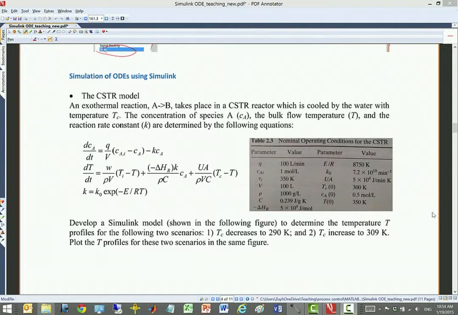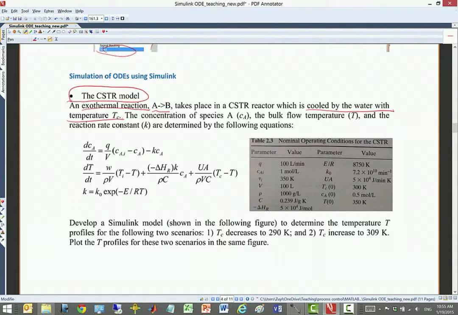Now I give you one example to show you how to solve an ODE model using Simulink step by step. This is a CSTR model, with a reaction where component A is converted to B, and the CSTR is cooled by water with temperature Tc.